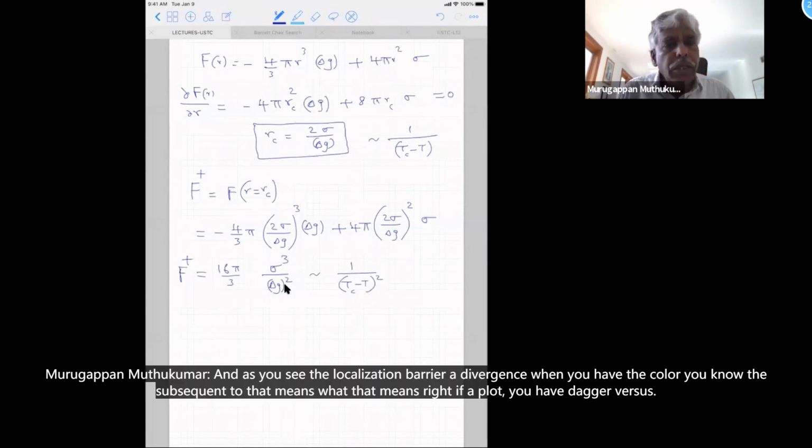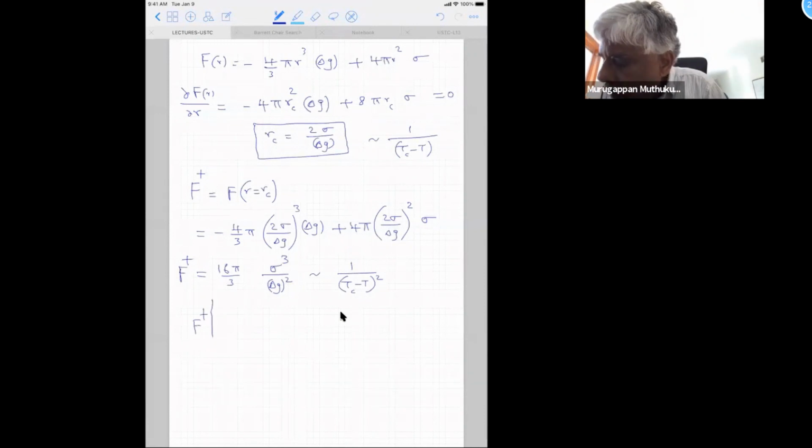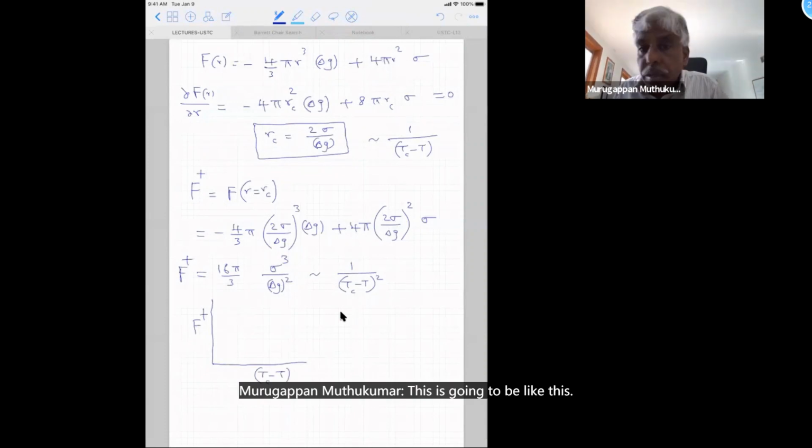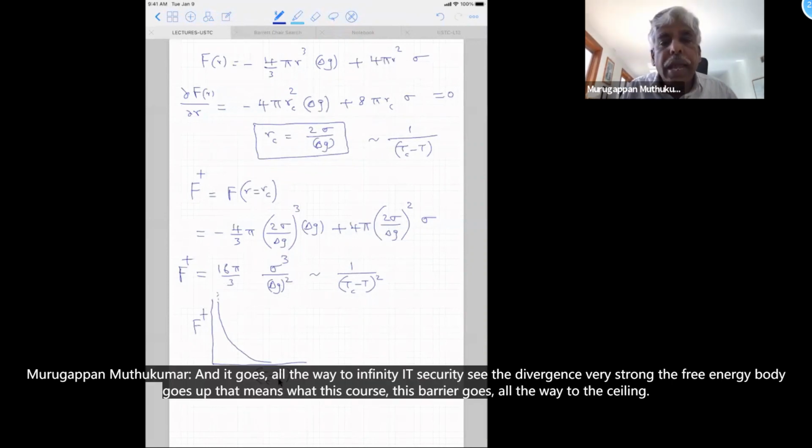And as you see, the nucleation barrier diverges at shallow quench. That means, if I plot F dagger versus Tc minus T, this is going to be like this. This goes up, and it goes all the way to infinity at T equal to Tc.